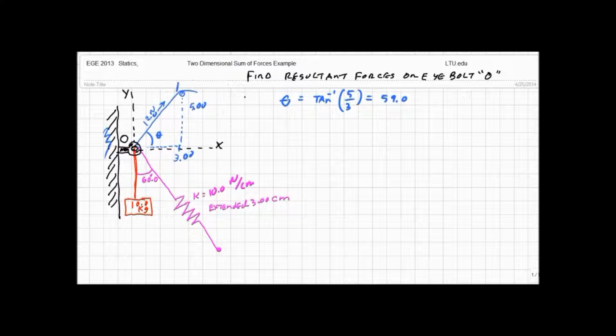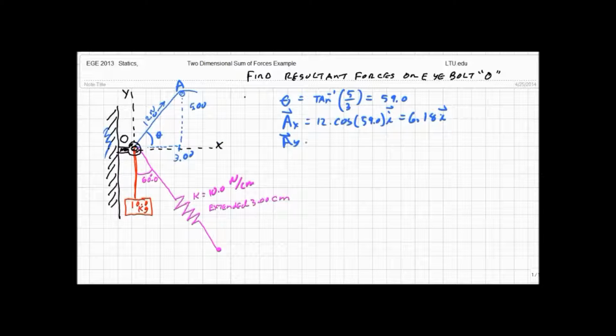We'll call this A. So AX, or my vector of the force in the X direction, is my magnitude times the cosine of my angle, which is 59.0, and times I, and that's equal to 6.18 I, okay?